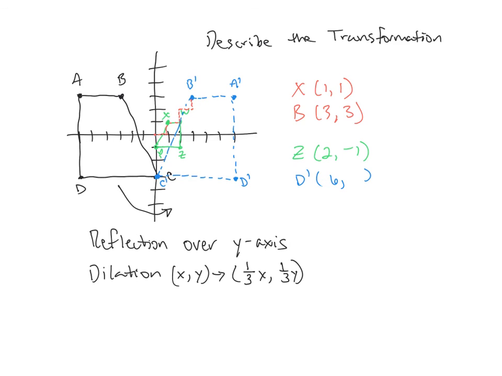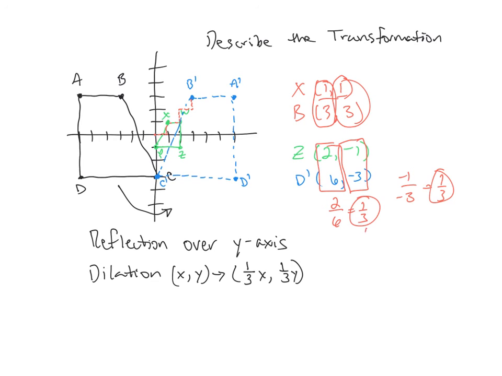I said negative because it went down, but 6 and -3. Do you see right here? If I just wrote 2/6, that reduces to 1/3. Or if I looked at this one, -1 over -3 reduces to 1/3. So there's several different ways, you can see the 1/3 right here on this top part, of how you can come up with the fact that the dilation is 1/3.